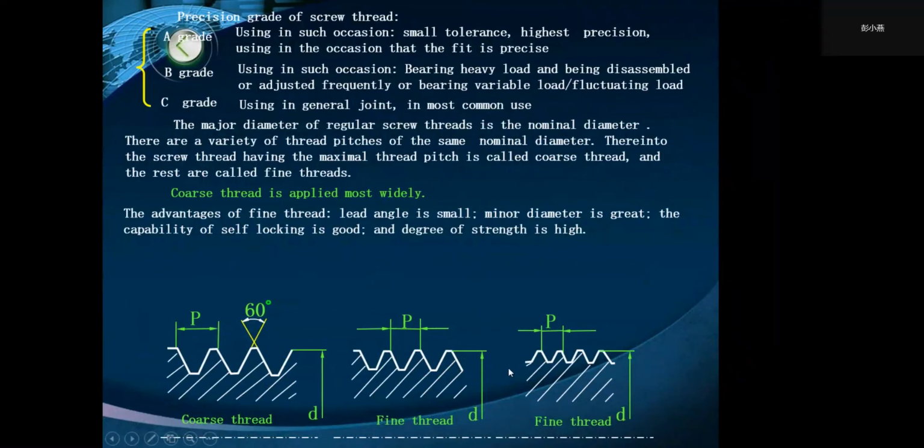They have a smaller thread depth, and large root diameter or large minor diameter that provide higher static tensile strength. And fine threads are used in automobiles, aircraft, and other applications that are subjected to vibration.